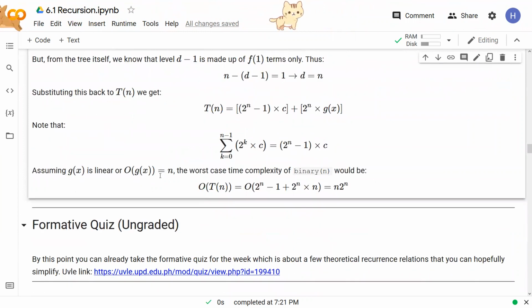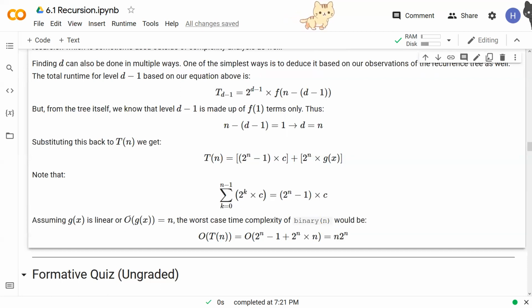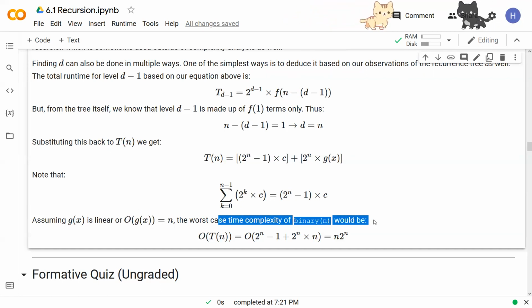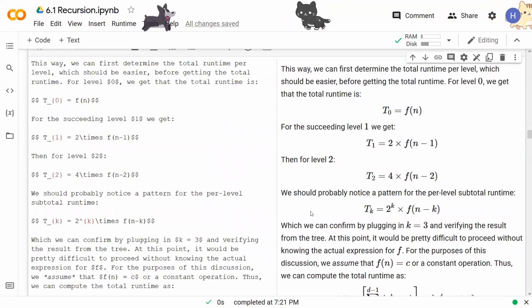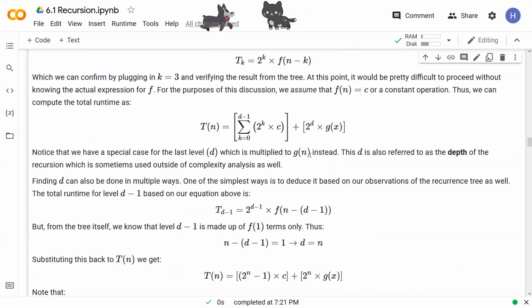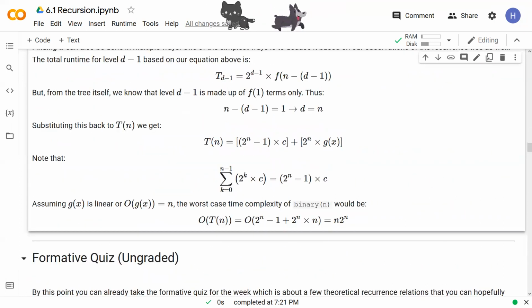And then, ayun, assuming g of x is linear, so g of x is n, our worst case time complexity will be big O of 2 to the n minus 1 plus 2 to the n times n. So, n times 2 to the n. So, ang log exponential ay linear of exponential.